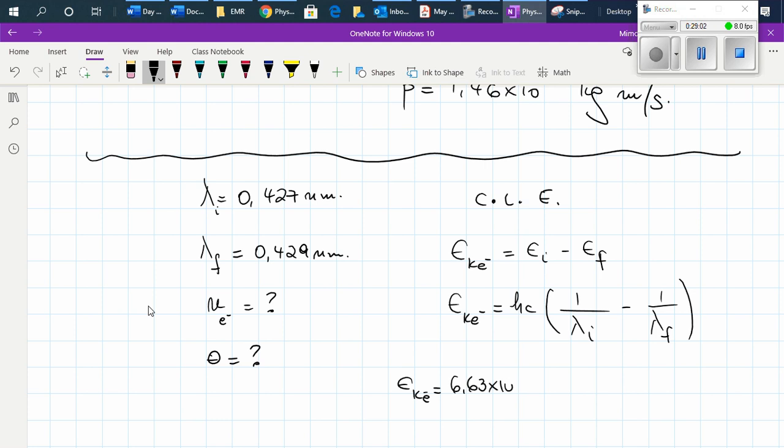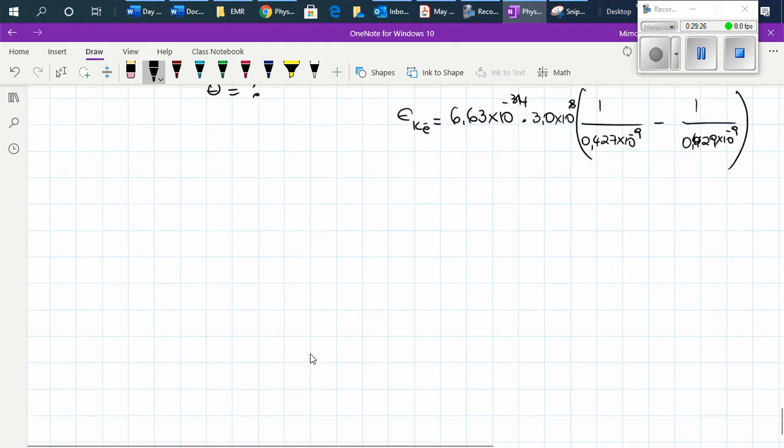So now what we have is the kinetic energy of the electron is 6.63 times 10 to the power of negative 34 times 3.0 times 10 to the power of 8, times (1 over 0.427 times 10 to the power of negative 9 minus 1 over 0.429 times 10 to the power of negative 9). And then you will have a kinetic energy of the electron of 2.17 times 10 to the power of negative 16 joules.